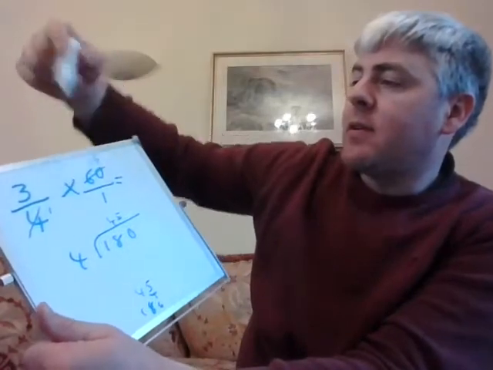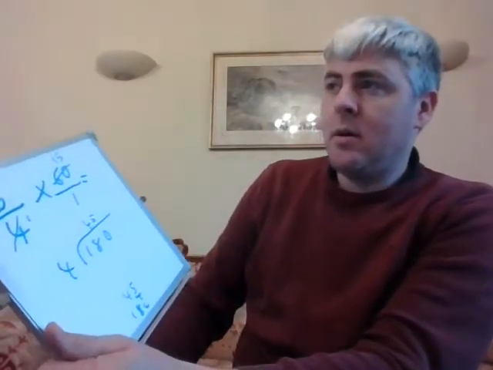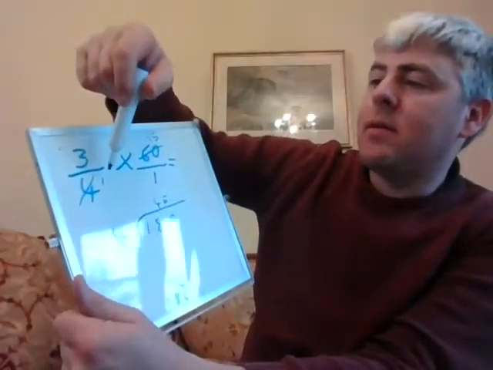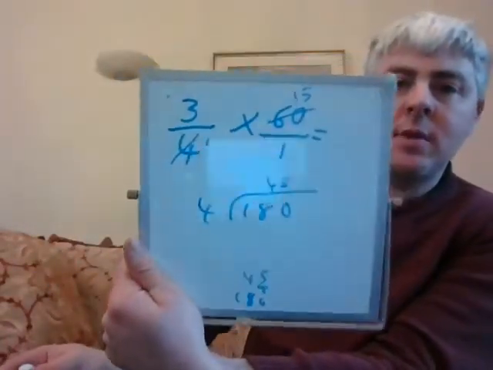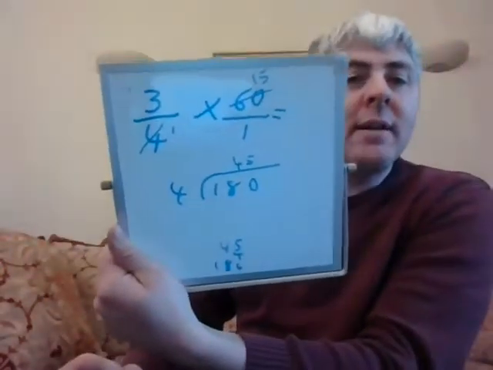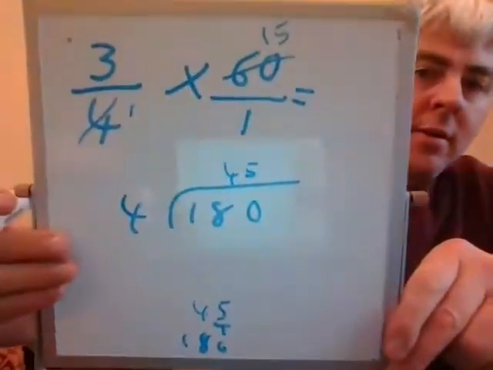So you say 4s into 60, and then you cancel it down, so the 4 becomes 1 and the 60 becomes 15. And then you say 3 times 15, 45 over 1. So there are 2 ways of doing that, actually. I just wanted to show you. Thank you for looking at that.